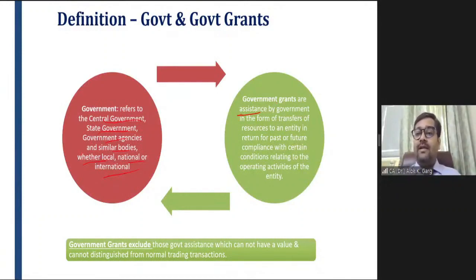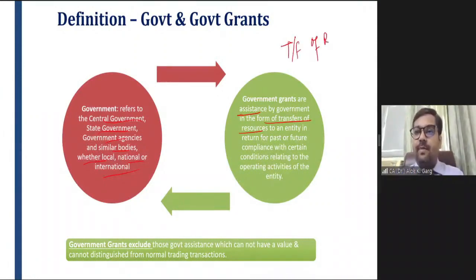So a government grant is assistance where resources are transferred to an entity.